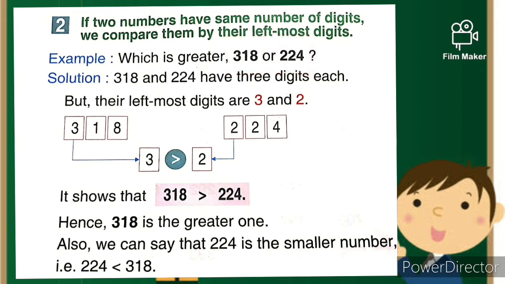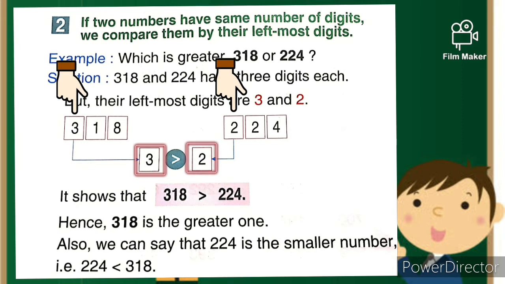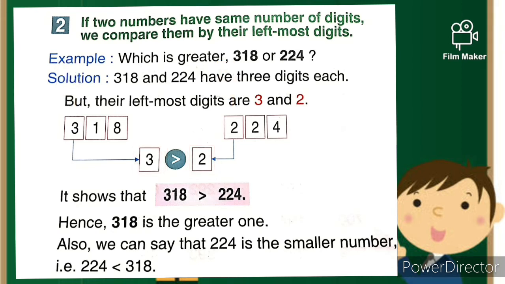So here we will compare the first number that is towards its left. So in 318 the leftmost digit is 3, whereas in 224 the leftmost digit is 2. So 3 is greater than 2, so that means that 318 will be greater than 224.